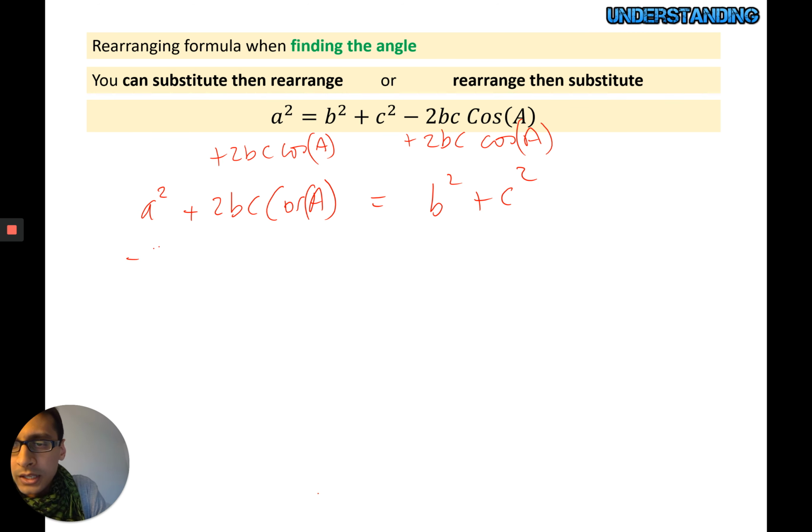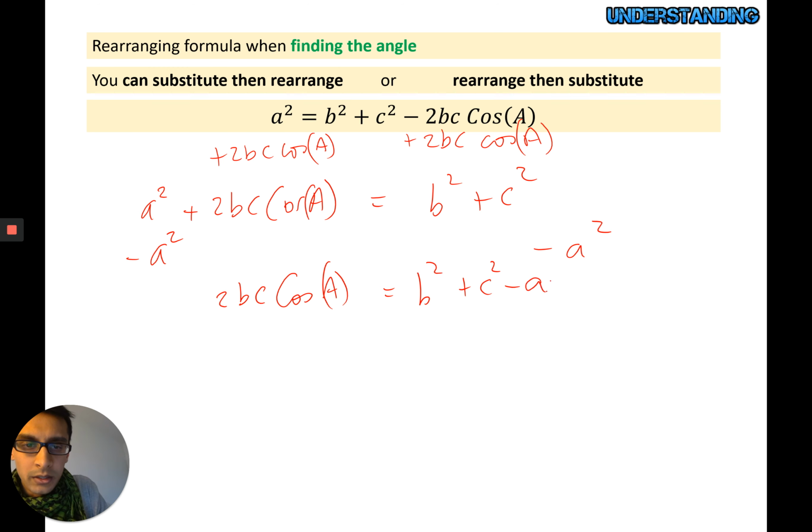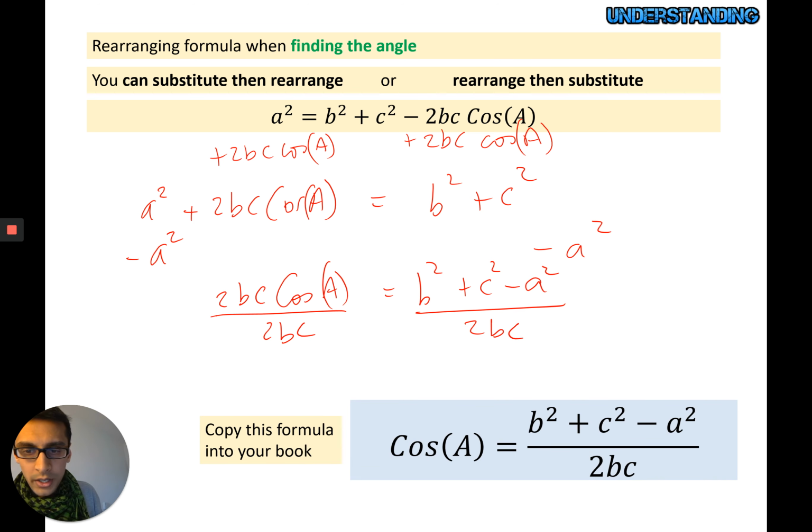I'm going to take away a squared from both sides. So then I have 2bc cos A equals b squared plus c squared minus a squared. And then I divide by 2bc. That gives me my formula.